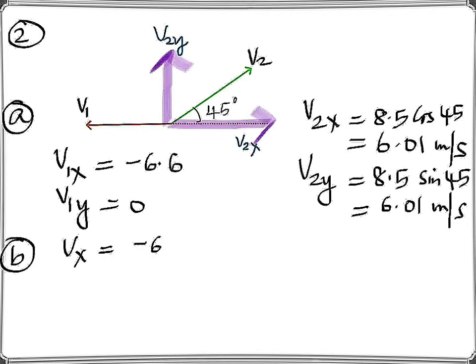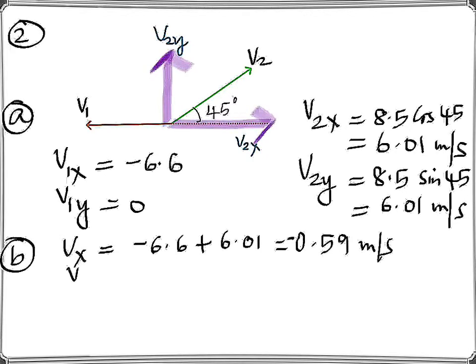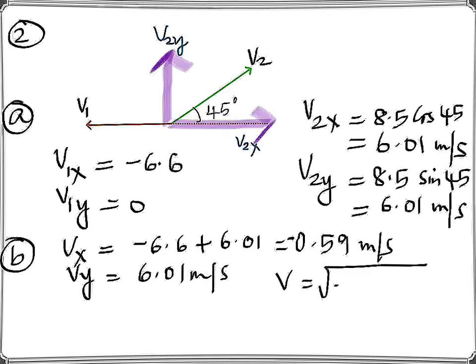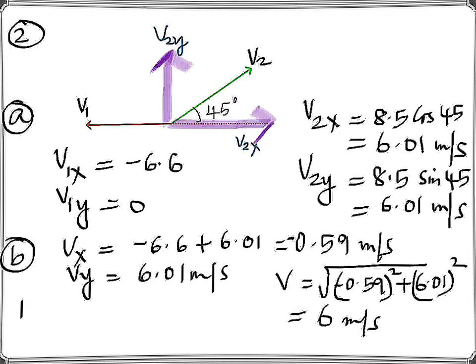Then total Vx is V1x plus V2x, which gives negative 0.59 meter per second. And Vy is again V1y plus V2y, which is 6.01. And then to find the magnitude of the vector, square the two components, add them up, and take the square root.